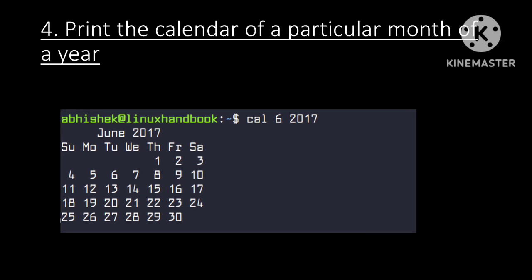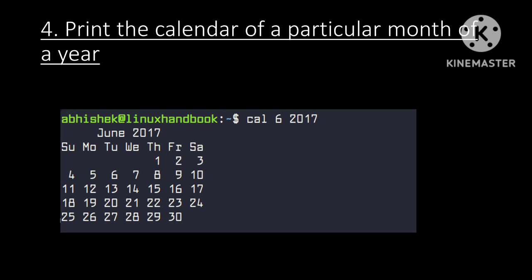Like if you want to print the June month of 2017, then there are 2 options. You can provide cal -JUN, that is compulsory. After that, whether you write the rest or not is not necessary, space the year 2017 or whatever year you want to write. That is one way.